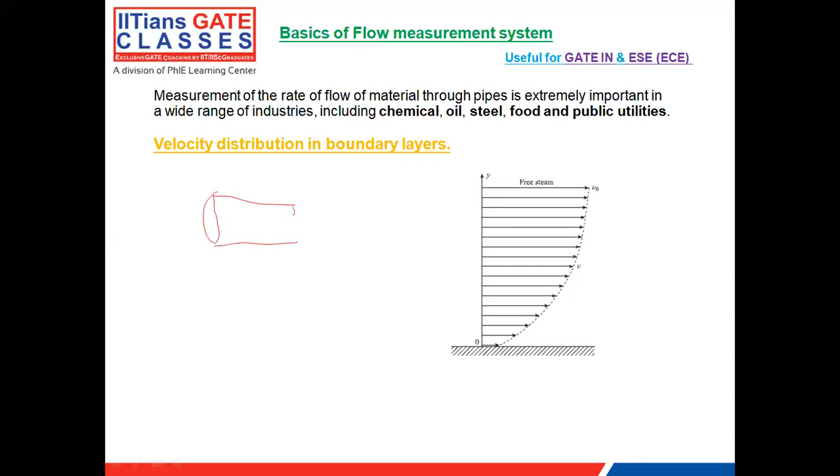So what you see here, let's say the fluid is flowing, and if you see the speed across this boundary layer, when the fluid is touching the boundary layer, the speed, the velocity of the fluid, will be less. But when it comes to the middle, the fluid velocity will be more.